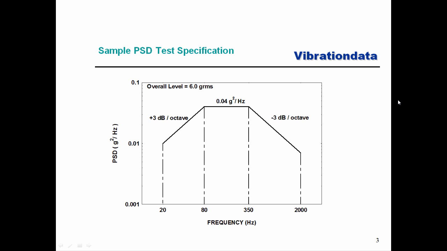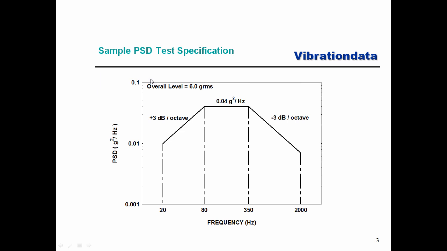What I'm showing in this plot is actually a case history. This is an actual test specification that comes from a Navy document called NAVMAP P9492, and I think we took a look at that document in a previous webinar unit. But this is right out of that test specification.